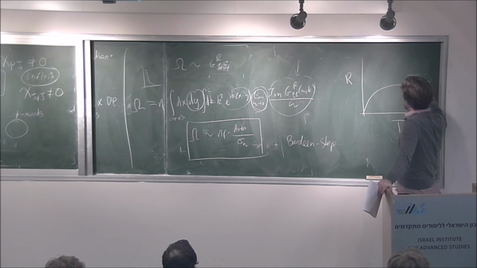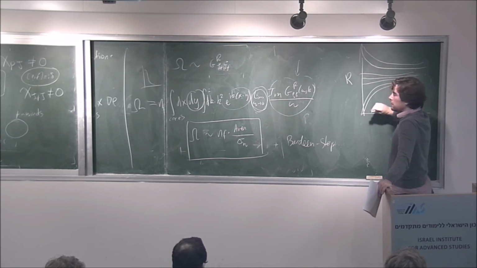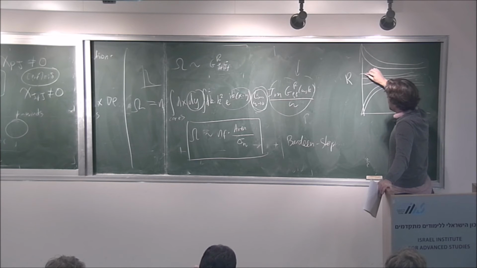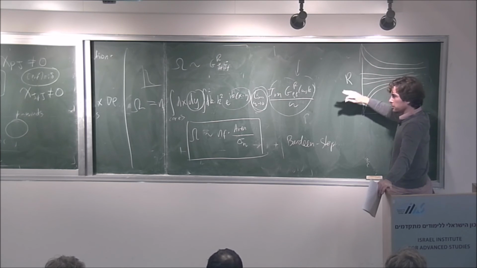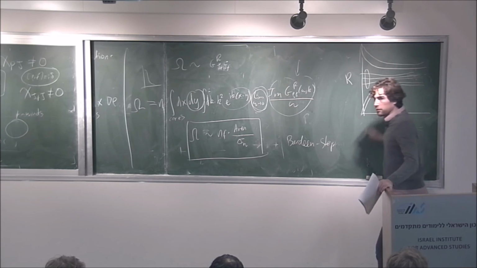In the insulating state it's finite over most of the range, and in this metallic bit in the middle it looks something like this. We're probably not really at strictly 0 temperature, but at some finite temperature there'll be some finite resistivity here.